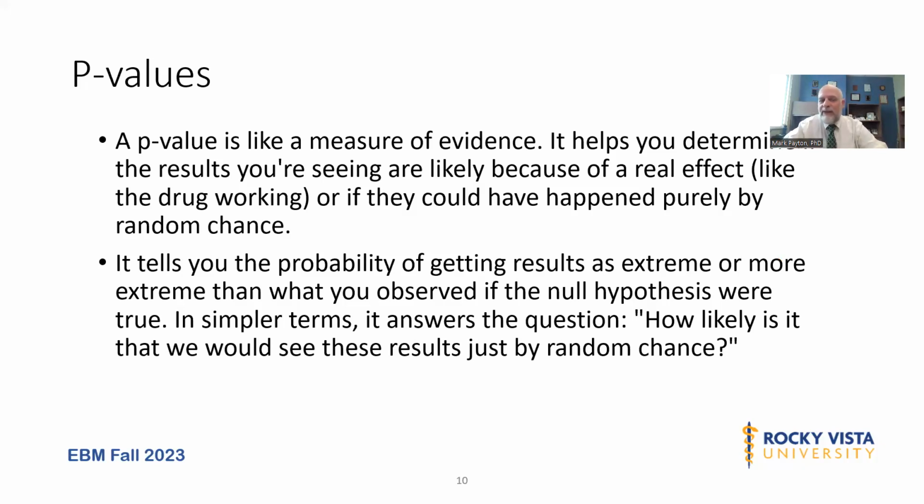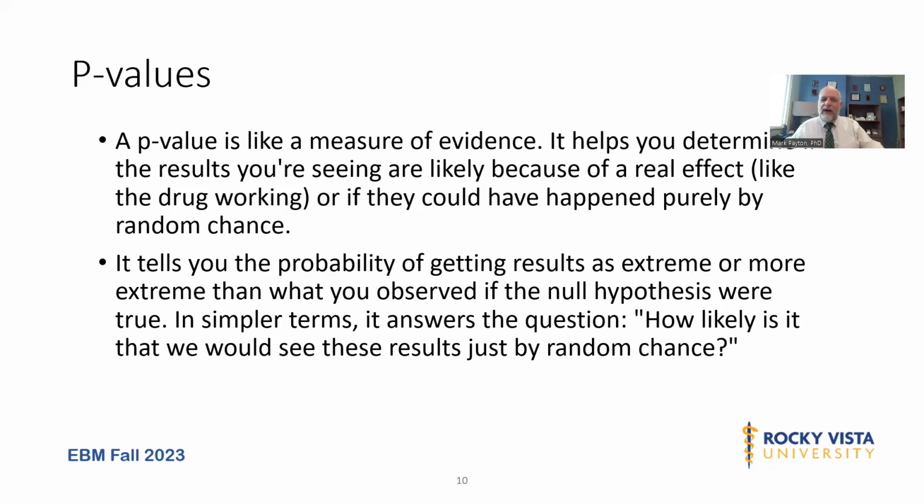All right, but what you typically see in journal articles are p-values. So a p-value is like a measure of evidence. It helps you determine whether the results you're seeing are likely because of a real effect, like the drug working, or if they could just happen purely by random chance.